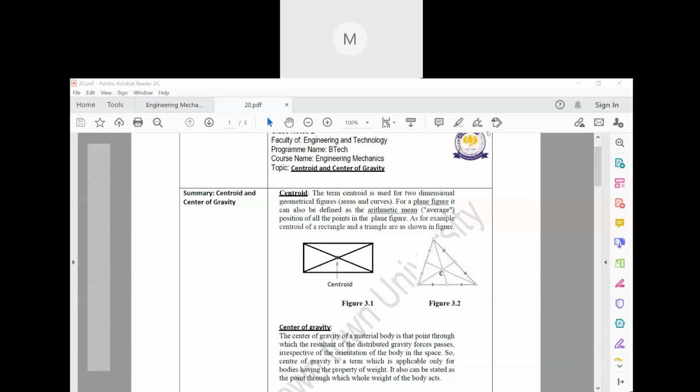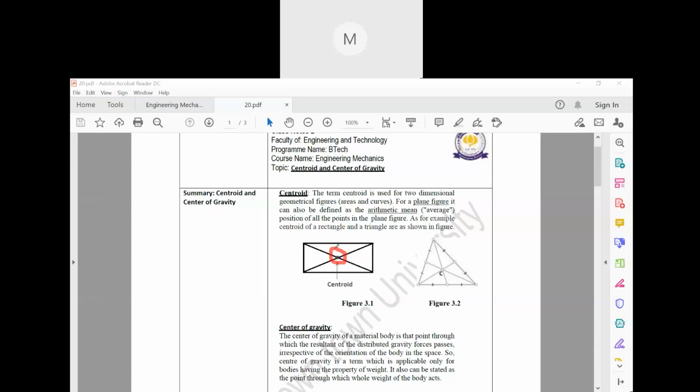That point is known as the centroid. Just remember that it can be defined as the arithmetic mean or average of all the points on the plane figure. That means basically it is the central point of a plane figure.